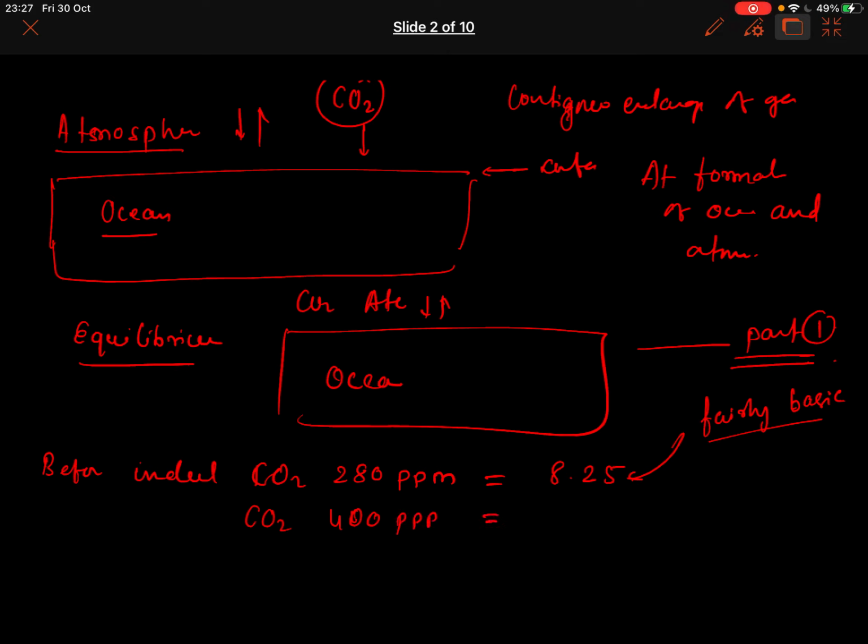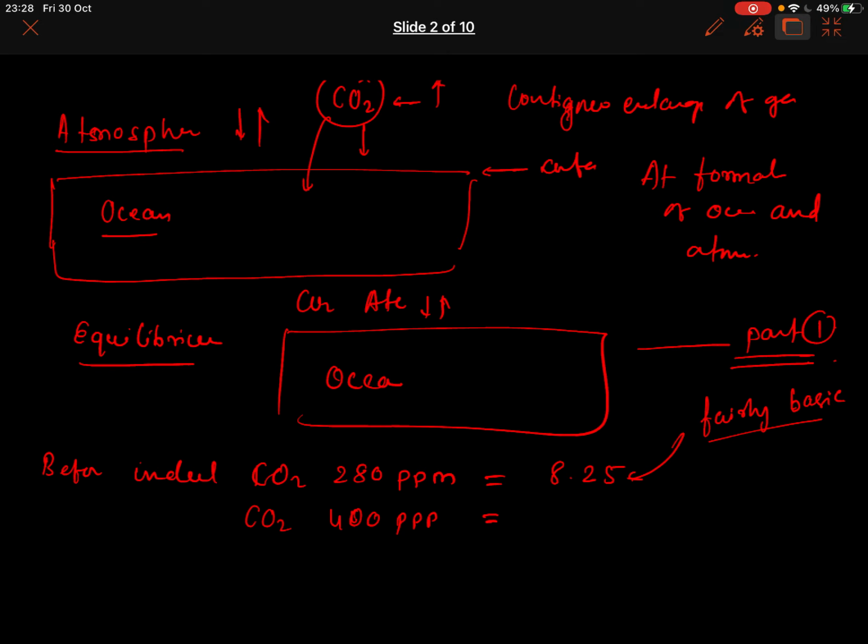As we have seen, there is a state of equilibrium between atmosphere and ocean. Whatever concentration of CO2 was in the atmosphere was in equilibrium with that of the ocean. As CO2 in the atmosphere increases, obviously more CO2 is absorbed by the ocean as well.